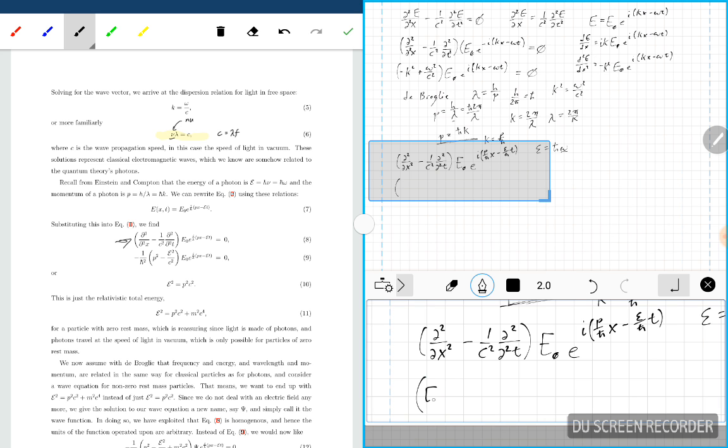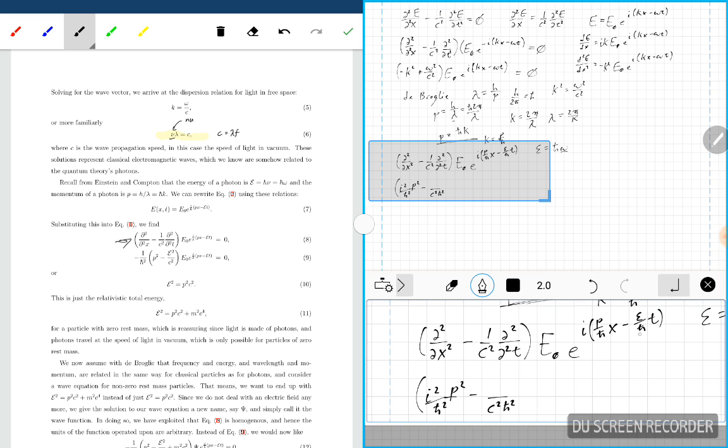So I have an E naught, which we will have in both of them, so we're going to keep that factored out. I will have E naught, I will have an i squared, because I'm taking the second derivative, i squared over h bar squared, and I'm going to have p squared minus over c squared.